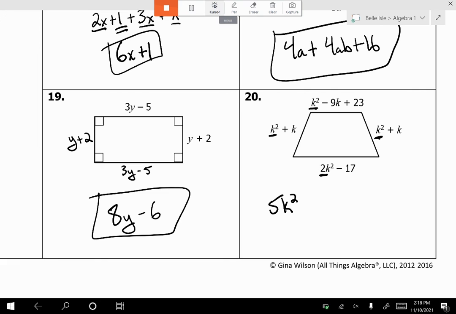So we have k. Okay, so we have -9k. We have a regular k. We have a regular k. So how many positive k's do we have? 2. And we have how many negative? Right, Maribeth? Yes.